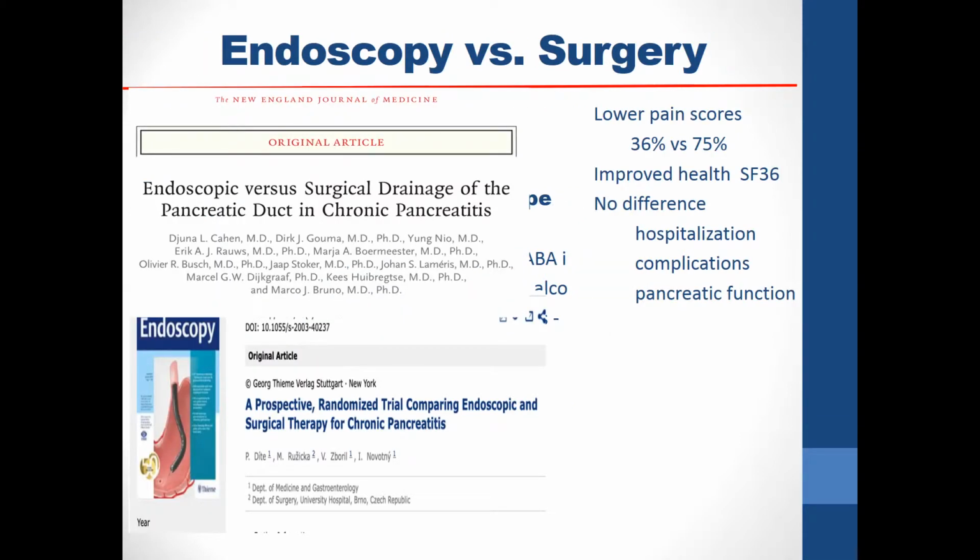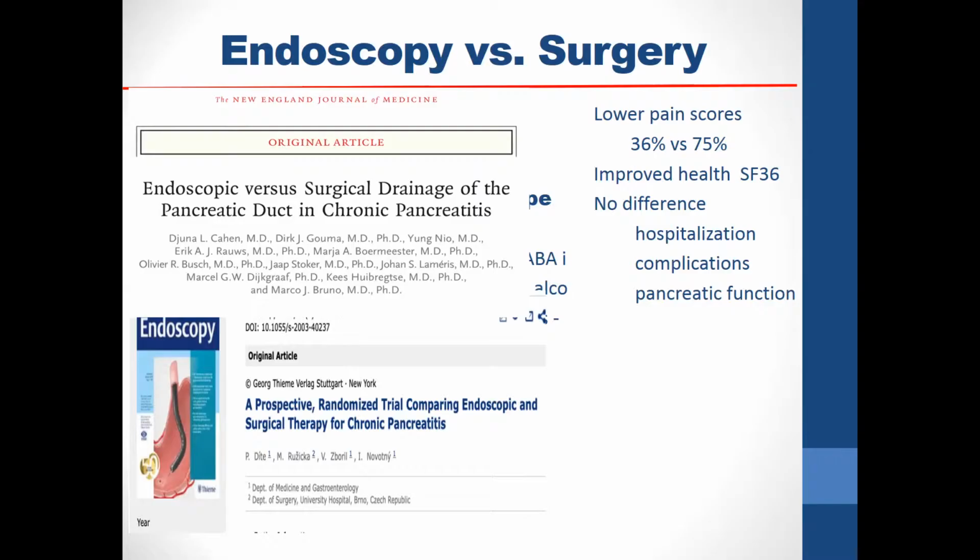Now, there are multiple studies that have conclusively shown that surgery is superior to chronic endoscopy, and perhaps the most famous was a New England Journal of Medicine article that really categorically looked in a prospective randomized trial at chronic ERCP therapy versus surgery, drainage procedures and surgery.